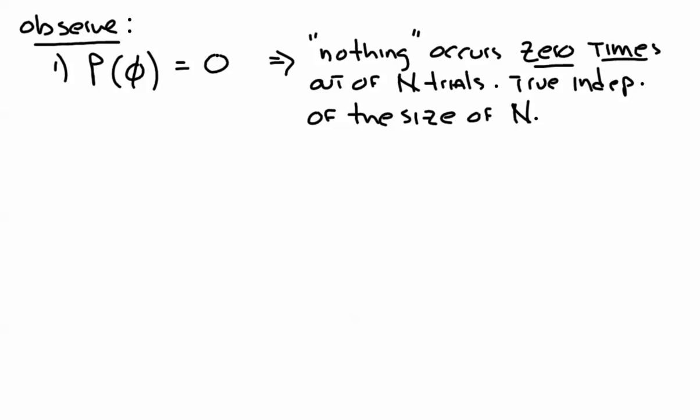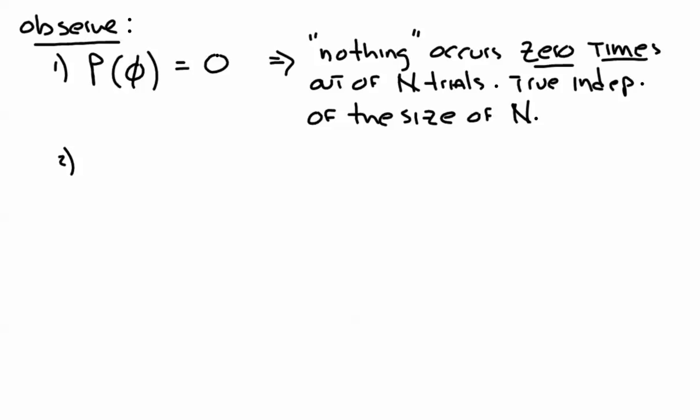And this is true independent of the size of n, independent of the number of times we actually perform this experiment. So we can therefore say that the relative frequency of nothing occurring, which is always 0, equals the probability of nothing occurring, equaling 0.